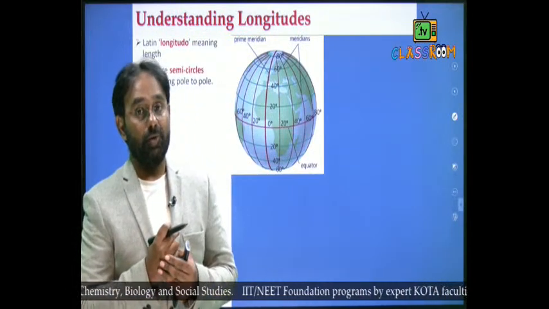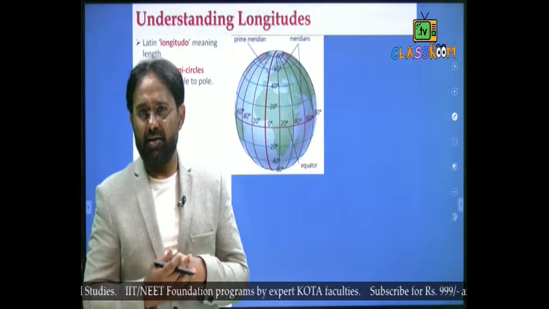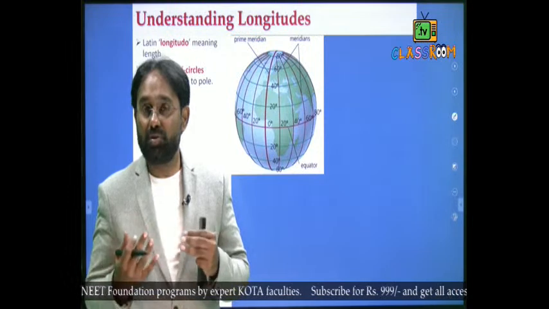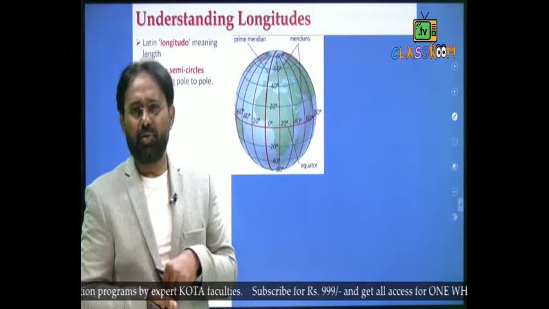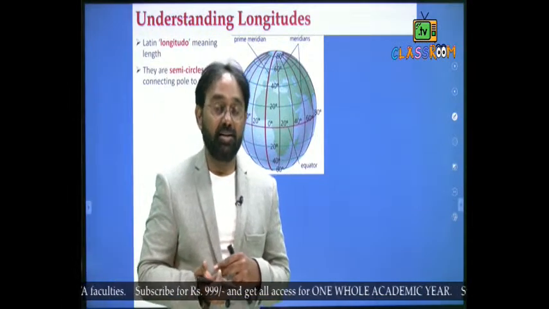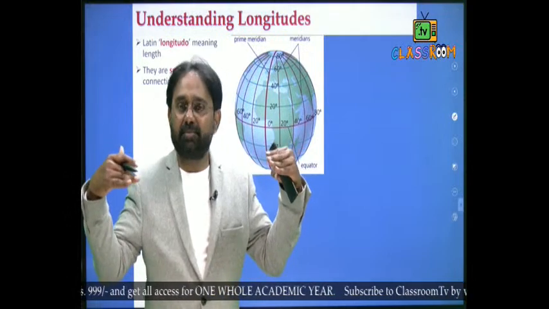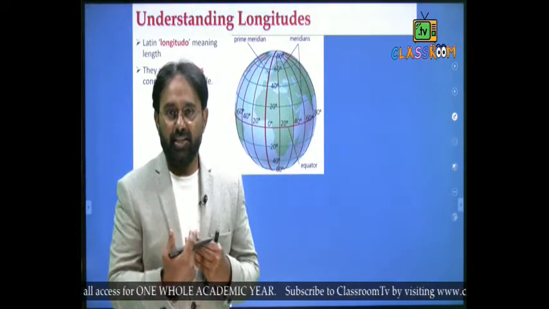You are sharing your Google location, right? But how is Google accessing your location exactly? How does Google know that you are sitting in your bedroom? Google knows that with the help of latitudes and longitudes. This is all a basic application of latitudes and longitudes.